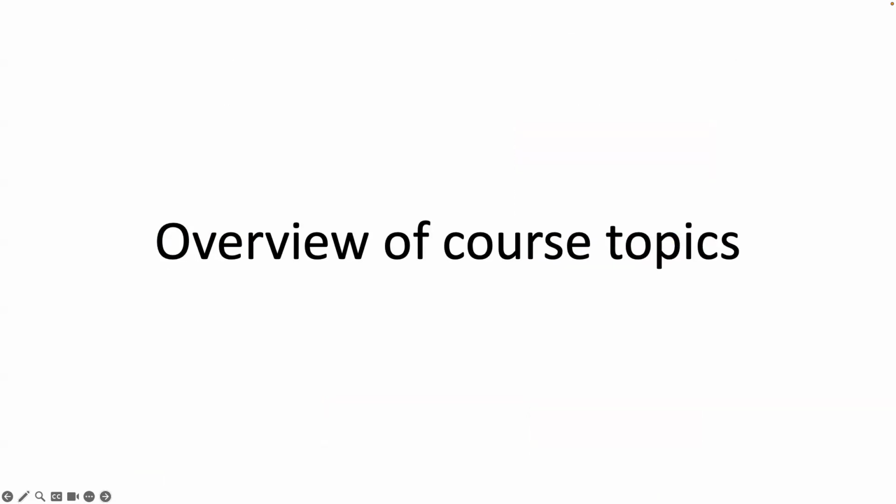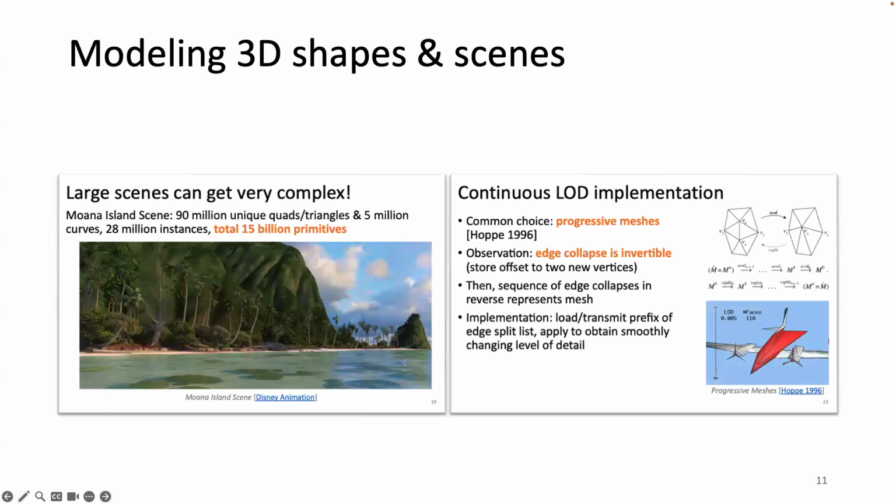Just to give a quick overview, this will be pretty rapid, but I'll try to give you an overview of some of the topics covered in this course. The first part will connect pretty directly to things that you saw in 361, by describing the geometric representations that we use to model 3D shapes, and in particular, scenes composed of many shapes, especially when these scenes get really complicated.